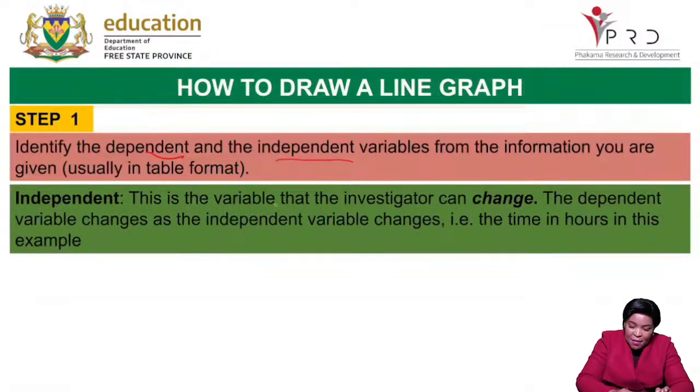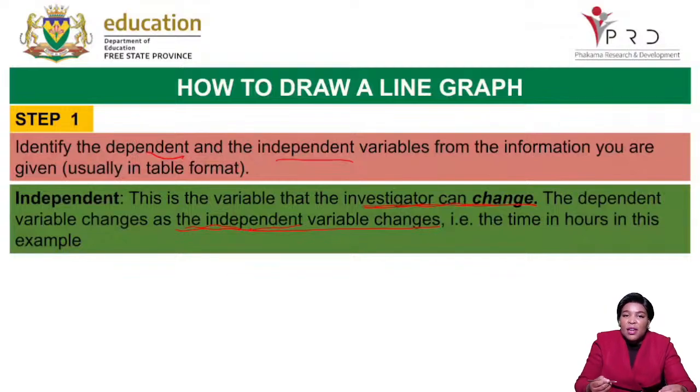Now, the independent variable in the investigation is the one that the investigator can change. We've discussed this. The dependent variable changes as the independent variable changes. So the dependent variable is dependent on the independent variable. It will change when the independent variable changes.